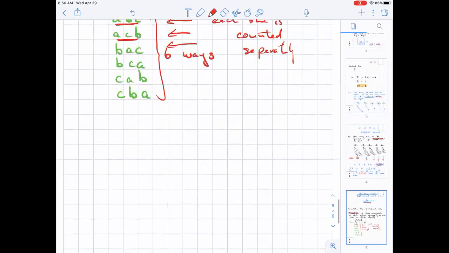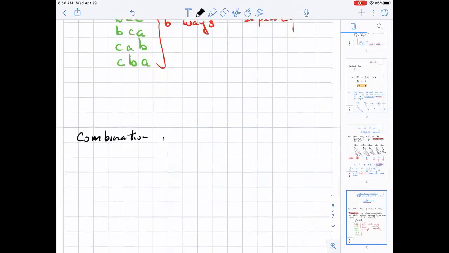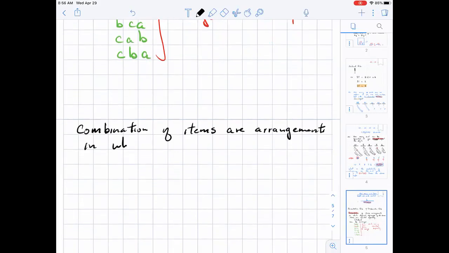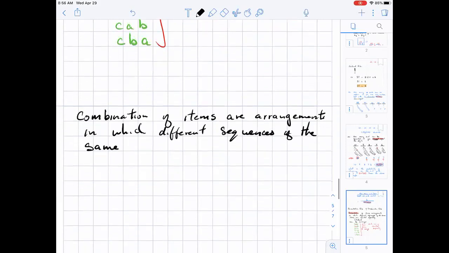Now, in a combination scenario, items are arranged in a way in which different sequences of the same items are not counted separately.